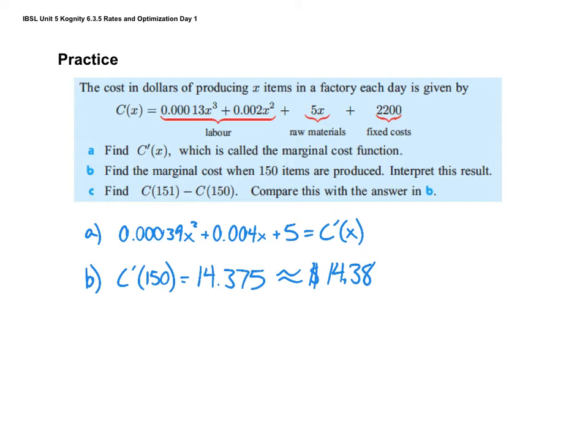This idea of marginal cost is kind of a tricky one to wrap our heads around, but what that means is that if we make 150 items, each one will cost us $14.38 to produce.